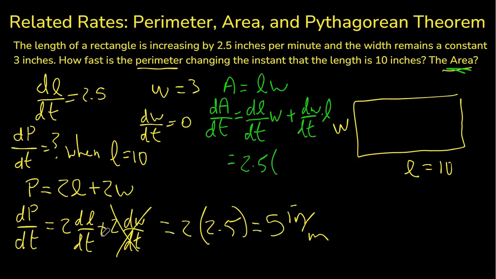We know the width is 3. And then the dw/dt is equal to 0. So that term is going to go away. 2.5 times 3 gives us 7.5, and the units here would be inches squared per minute. And if you think dA/dt, the units for area, inches squared, over dt, units for time, minutes.